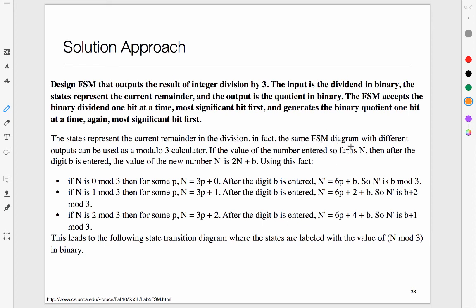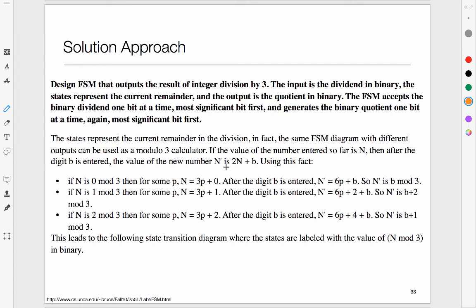So let's say the value of the number so far was n. Okay, so I've received some bits. Let's say they represented n. And let's say a new bit came in. Let's say that bit is b.